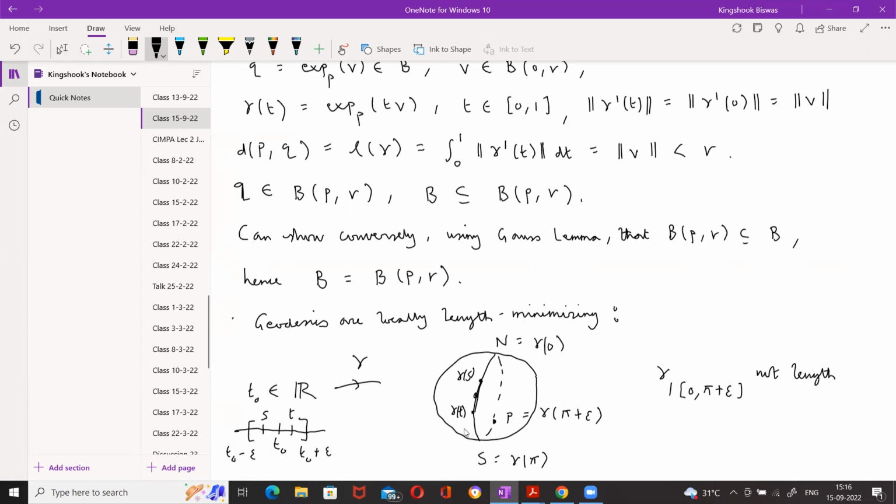So gamma restricted to [0, pi plus epsilon] is not length minimizing for all epsilon positive, and gamma restricted to [0, r] is length minimizing for all r less than or equal to pi.